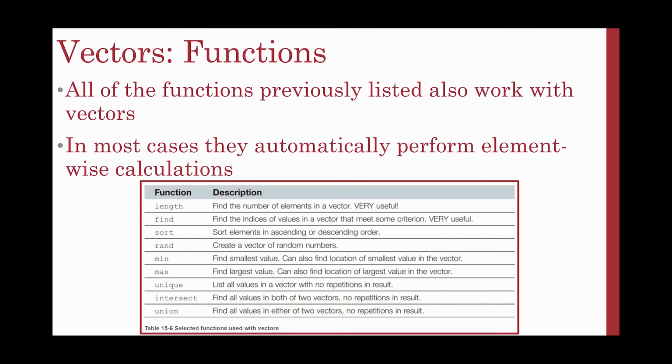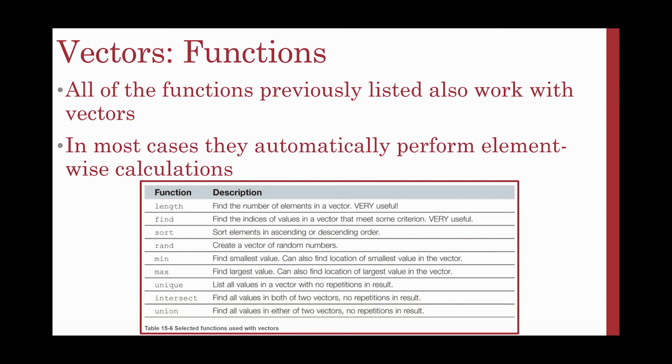So what are some useful vector functions? All the functions previously listed, so sine, cosine, round, work with vectors. In most cases, they are automatically performed as an element-wise calculation. So if you do the sine of a vector, it will take the sine of each element in that vector. We also have length, which will find the number of elements in a vector, which is useful.